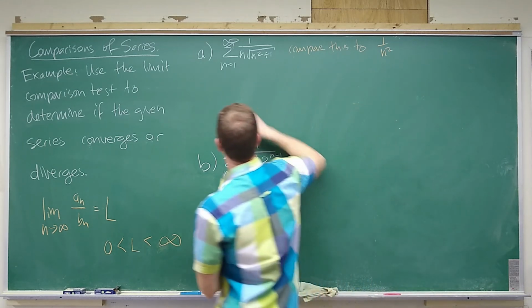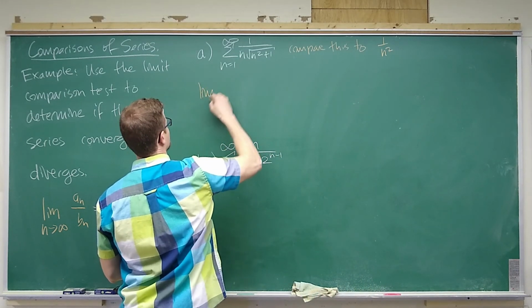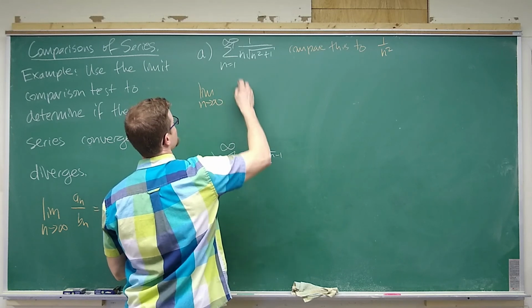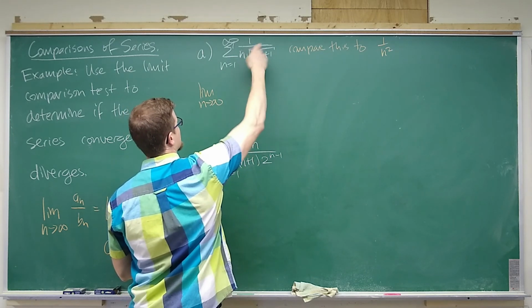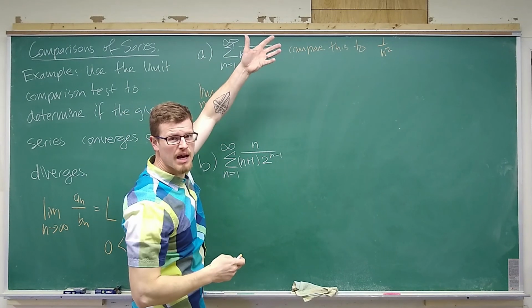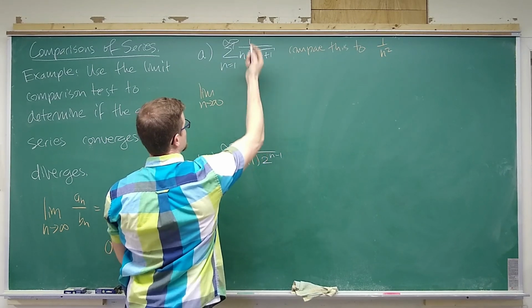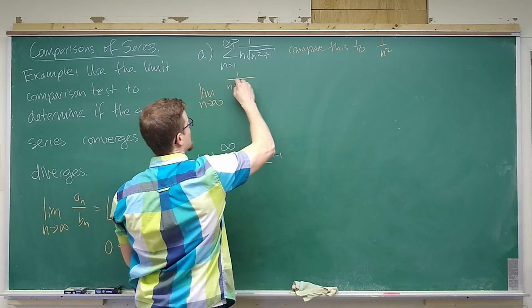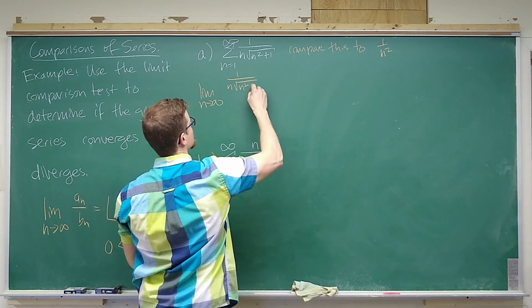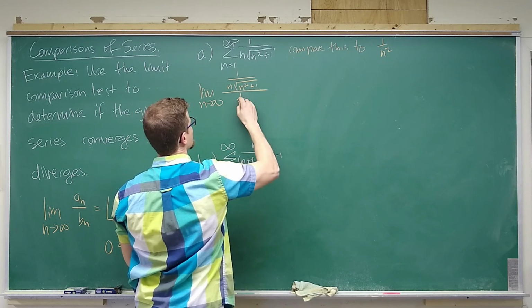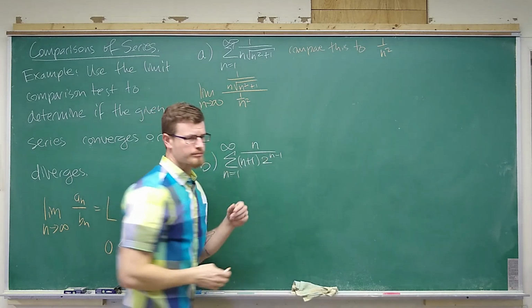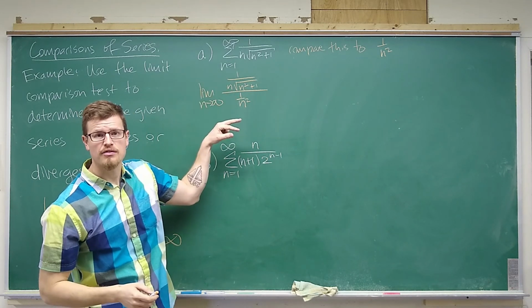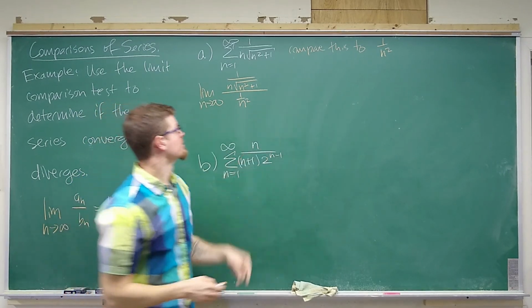So I'm going to take the limit as n goes to infinity of this one first. It doesn't matter what you write on top and what you write on bottom, whatever you happen to copy down is fine. Of course, when I divide by a fraction, that's the same as multiplying by the reciprocal.